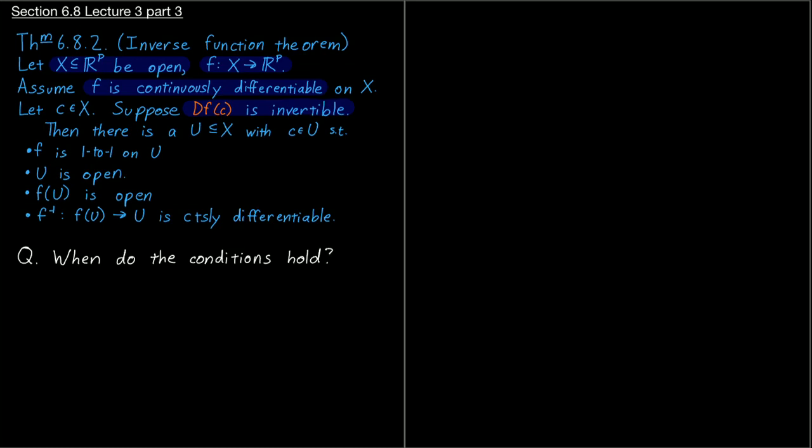So first off, let's recall theorem 6.5.9. This says that if X is an open subset of R^p, like we've got in this situation, f is a function that in theorem 6.5.9 maps into R^q, but let's go ahead and restrict to f mapping into R^p because we only really care about the implicit and inverse function theorems at the moment.